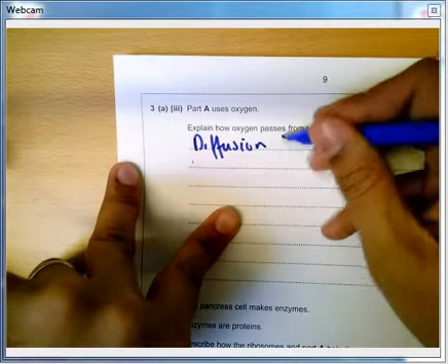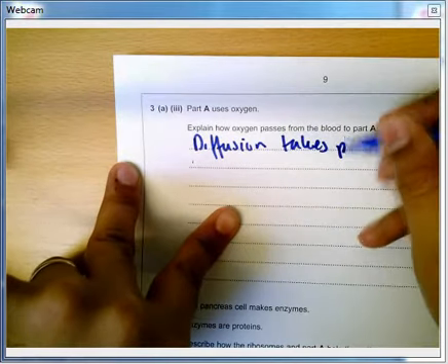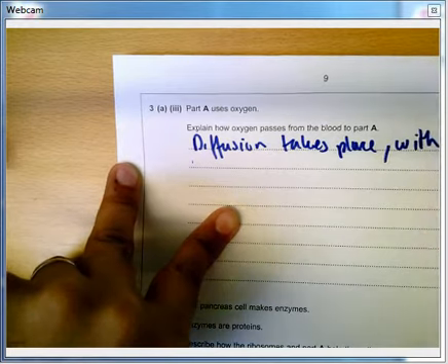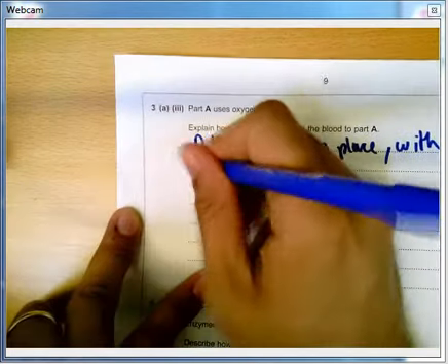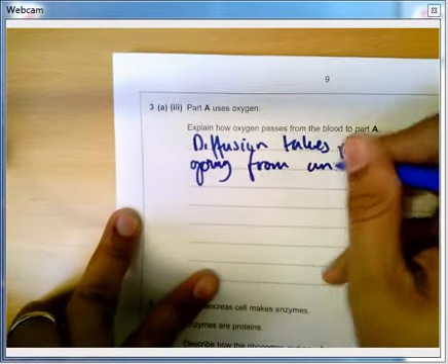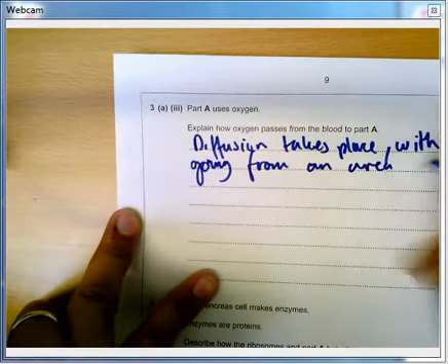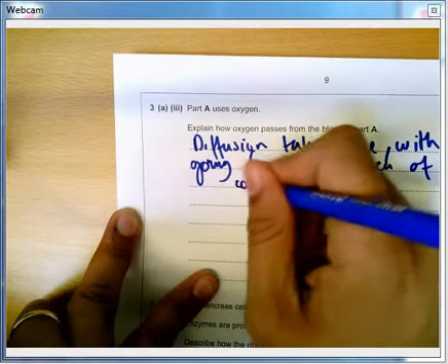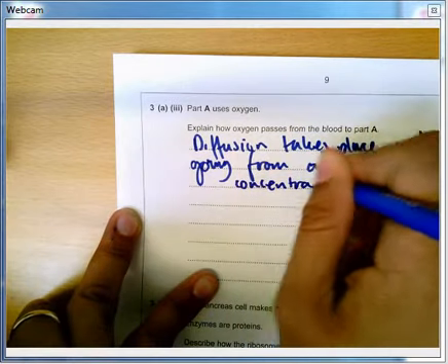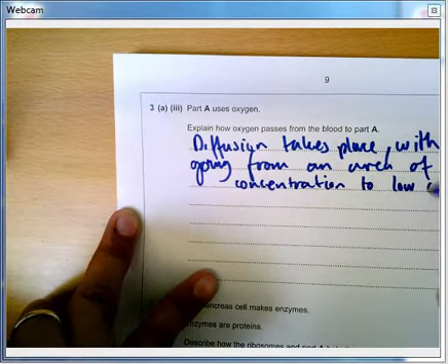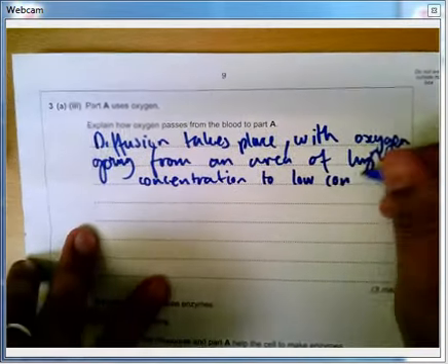So diffusion takes place with oxygen going from an area of high concentration to low concentration.